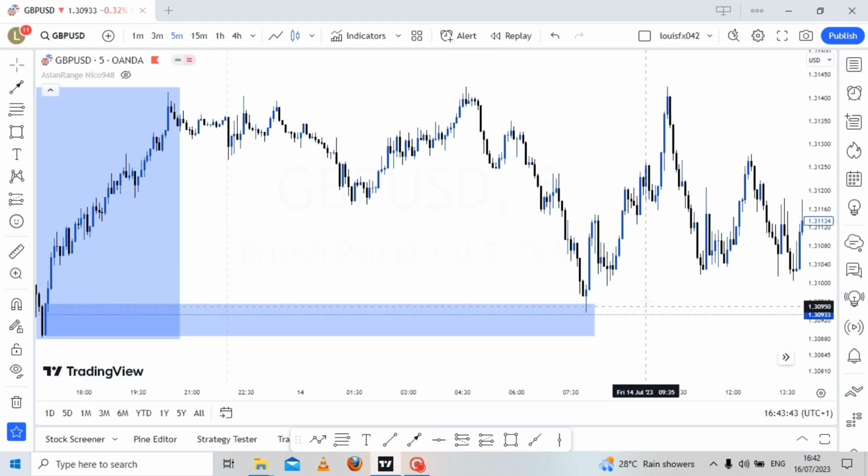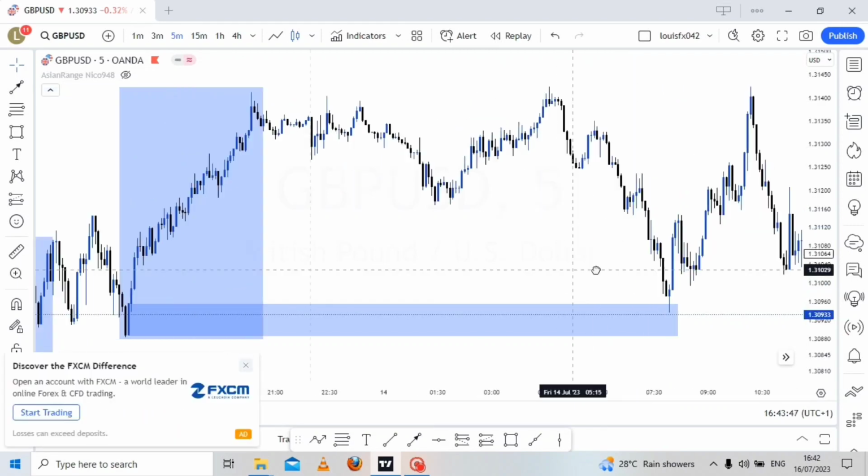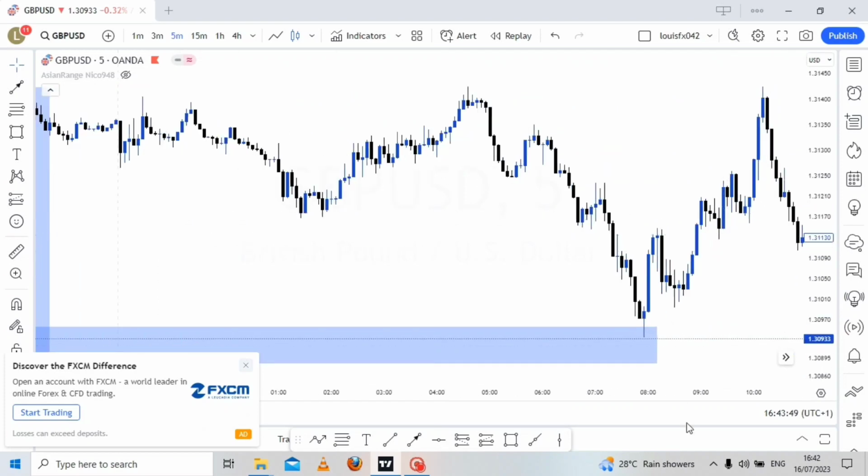Secondly, if you are very conservative, this is what you should look at. One, you should look at the market structure, the lower time frame market structure the market is giving you, before you trade the market. You want to see a change of character. What do I mean by change of character?